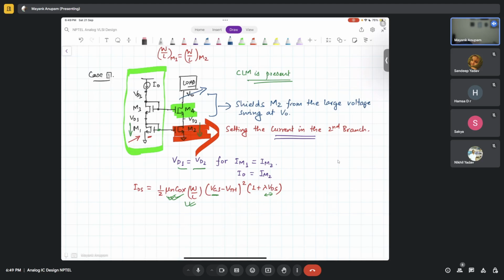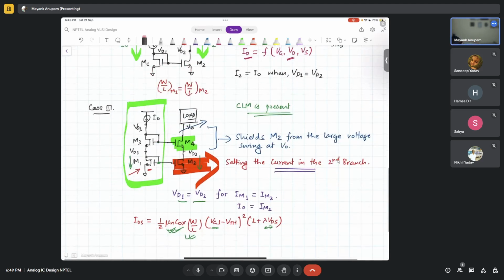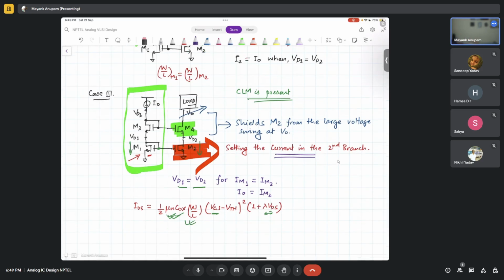Now the way to achieve that is by adding this MOSFET M4. What it does is that it reduces the swing, it attenuates the swing from V0 to VD2. So one way to understand is that, let's say V out changes between these two levels, between V1 and V2.